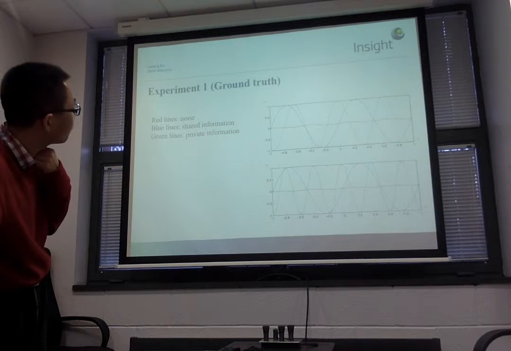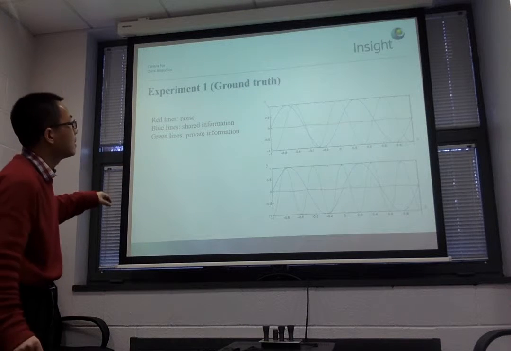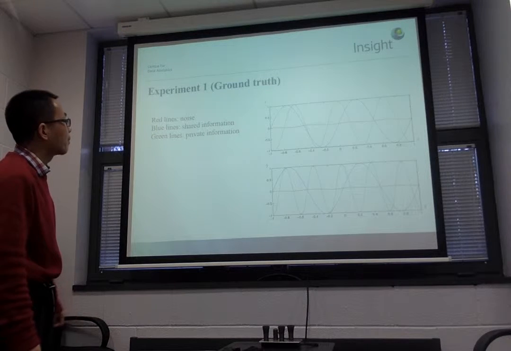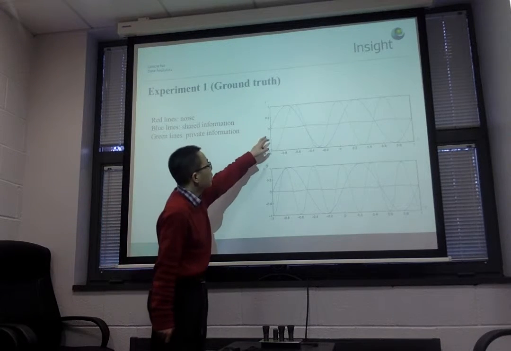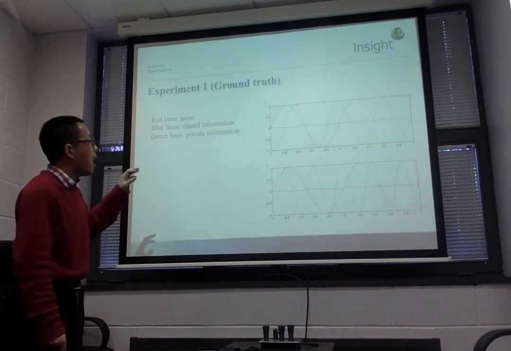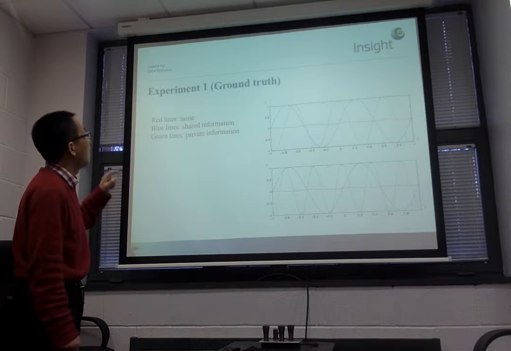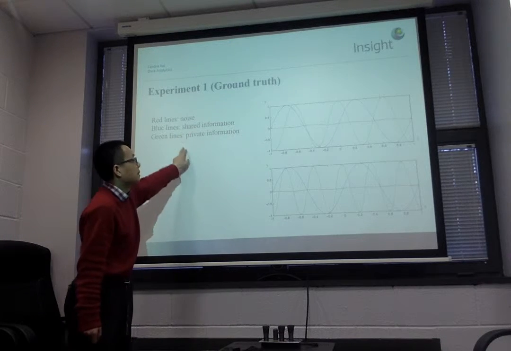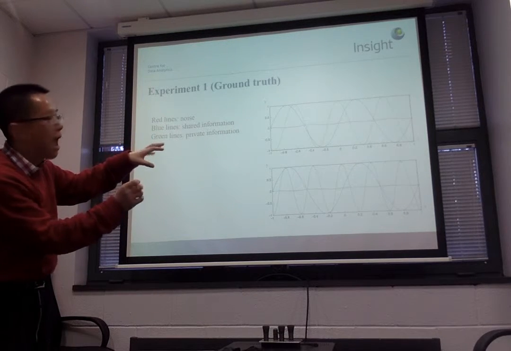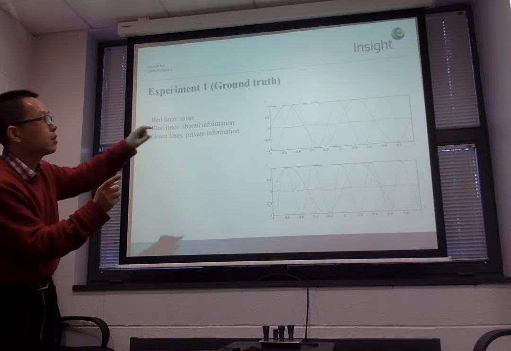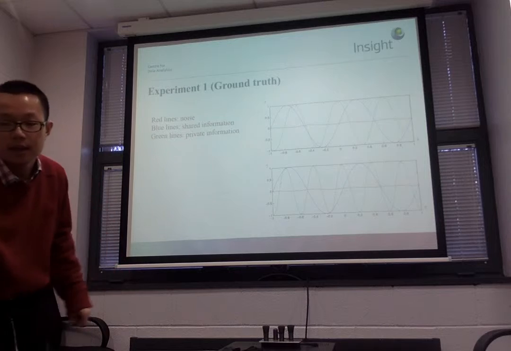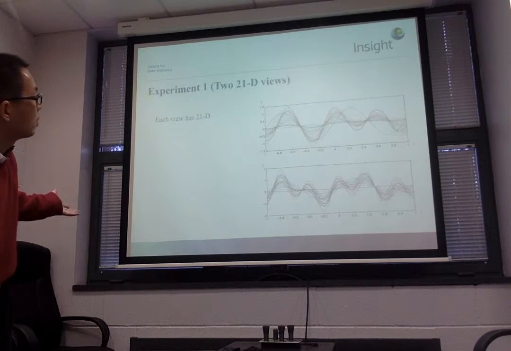And then how to use it? So those are the experiments. These are synthetic data. As you can see, the red lines are public information, and the green and blue lines are the private information. So there are two views, and for both views, the common information is the red line, and the private information is the blue line and green line. It doesn't matter which belongs to which.